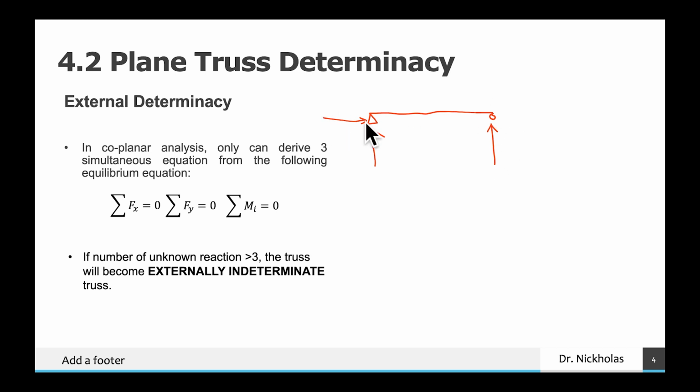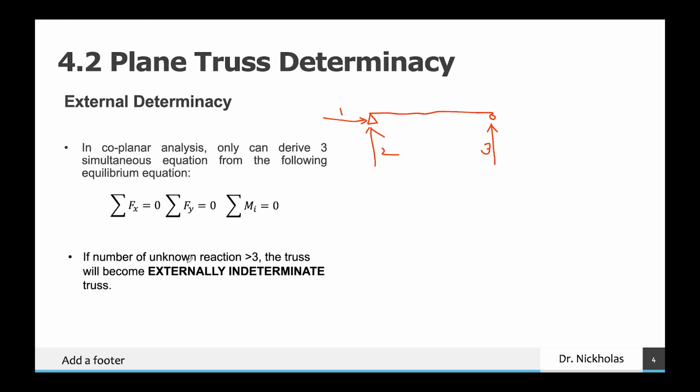So we have 1, 2 and 3 unknown reaction forces, which means these can be solved using simultaneous equations.